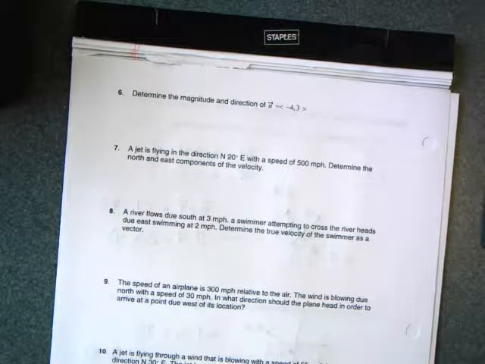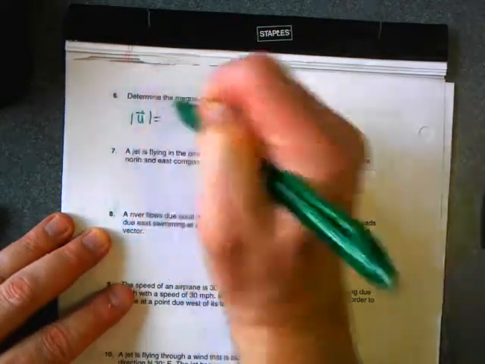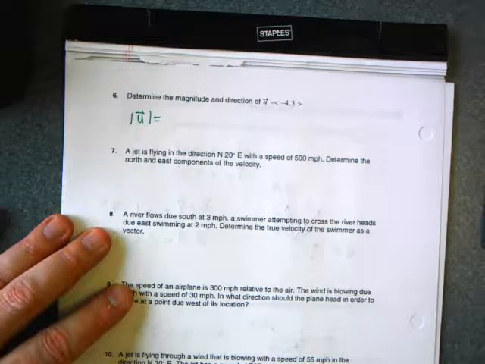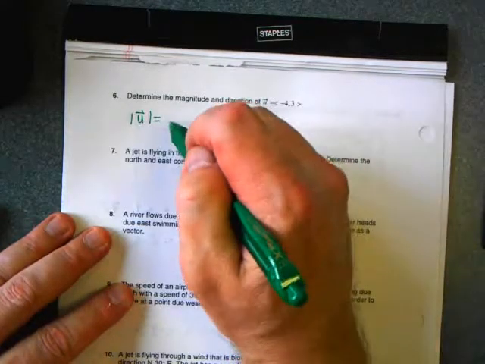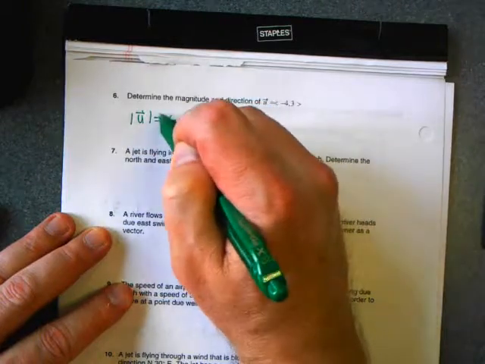Determine the magnitude and direction of u equals the vector -4, 3. Magnitude, we've done this a bunch of times already. How do we find magnitude? -4 squared plus 3 squared, and then do a square root.